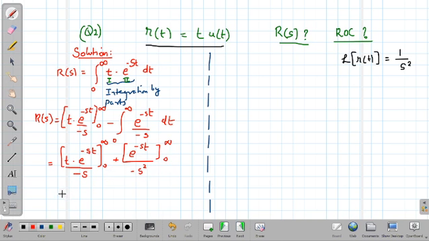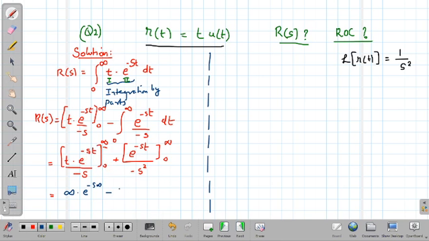Now let's apply the limits. For the first term, applying the upper limit of infinity, it becomes infinity times e^(-s infinity), and the lower limit is minus 0 times e^(-0).